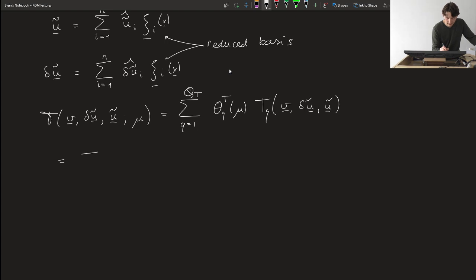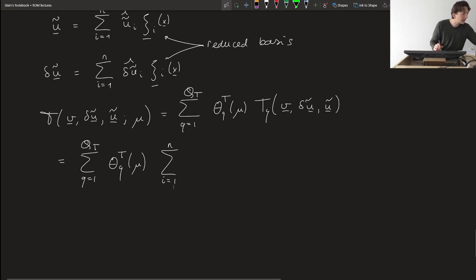then that is going to be exactly the same as the sum of your Q_T components times a sum of small n of the components. This is very strange, I can see the mouse, but I'm changing it with the pen and it doesn't show as changing on the recording software.